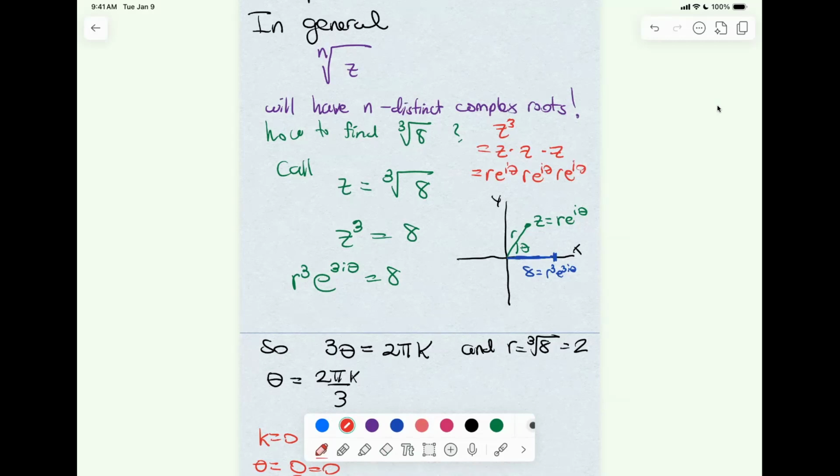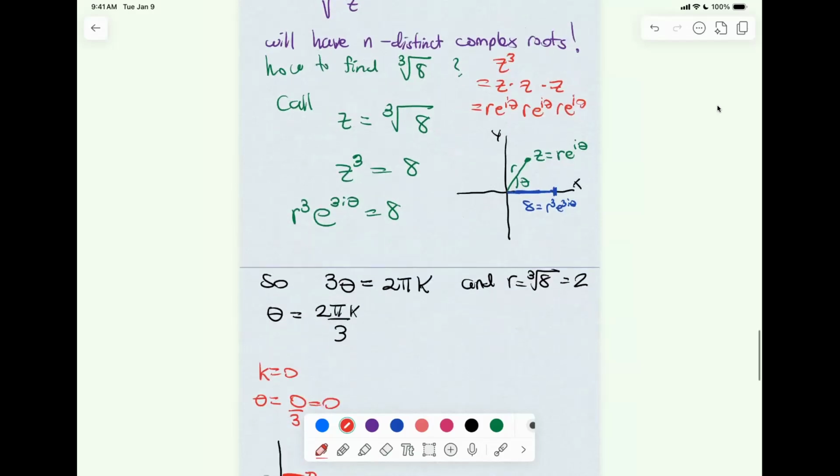What this is saying is that r cubed times e to the 3i theta has to be equal to 8, right? But where is 8? 8 is along the x-axis, and what is the angle for a point on the x-axis? It's 0, but it could also be 2 pi, because everything repeats itself after 2 pi. Or it could be 4 pi, or 6 pi, or 10 pi.